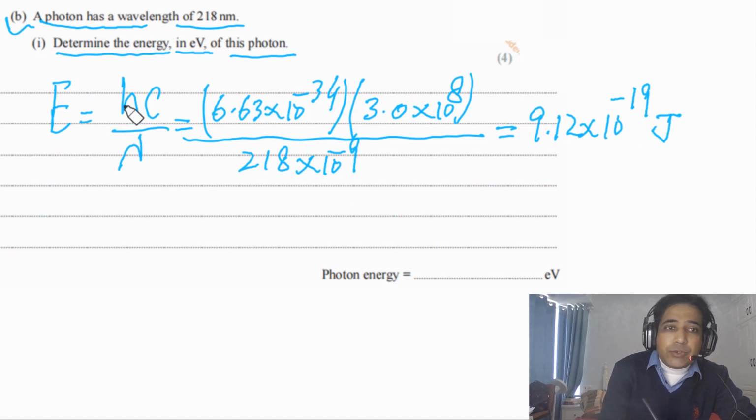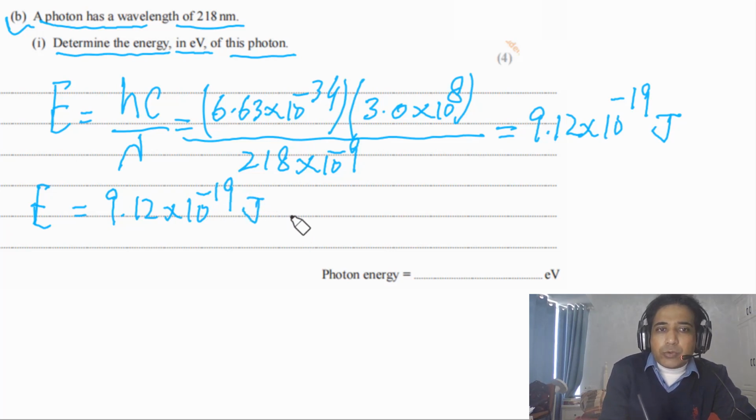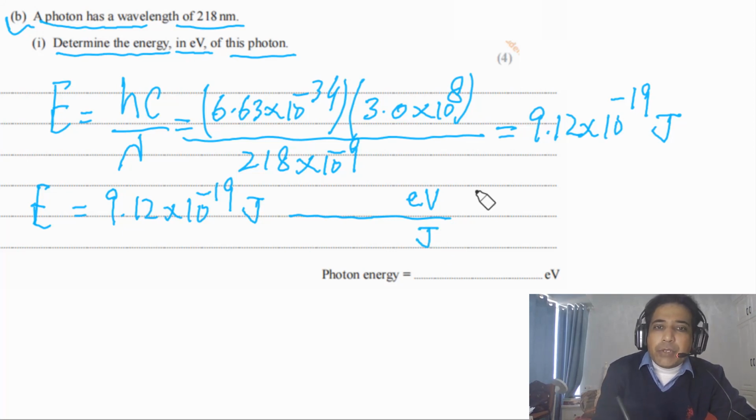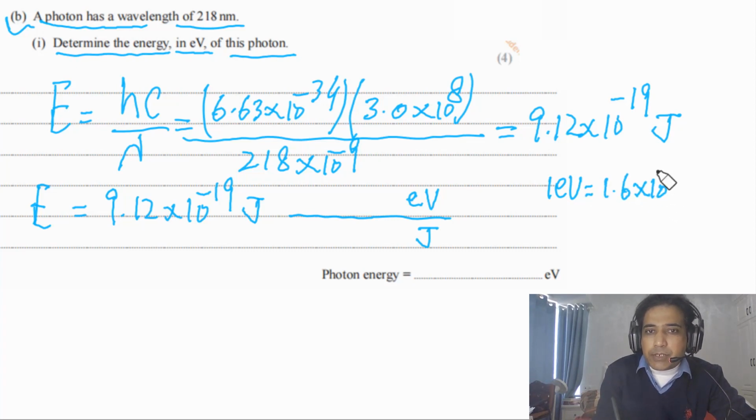So this is the answer in joules, but we need to convert this into electron volts. So we have 9.12 times 10 to minus 19 joules. We want our answer in electron volts, so we need to get rid of joules. Now we need to understand that 1 electron volt is equal to 1.6 times 10 to minus 19 joules.